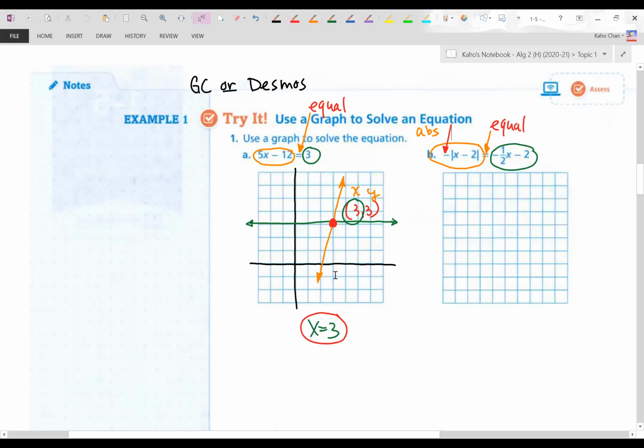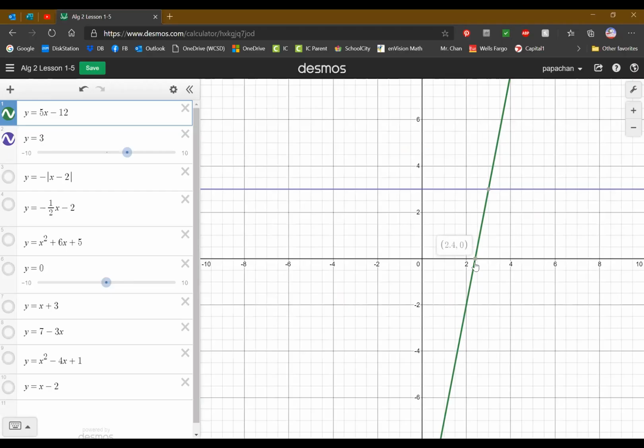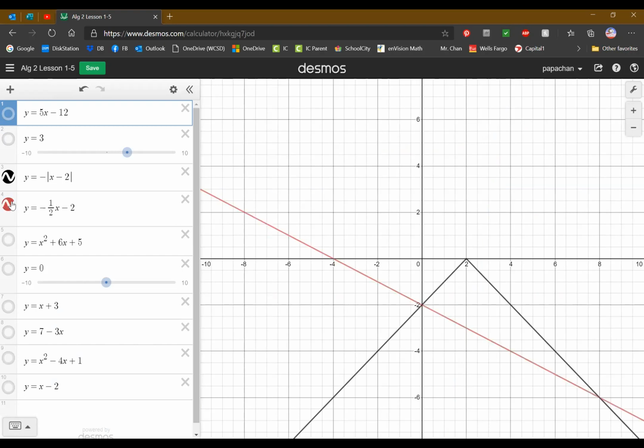Let's switch over to Desmos on my website. There we go. Let's turn off those two graphs from earlier for example 1, and let's turn on example 1b. Oh, there they are. Nice.